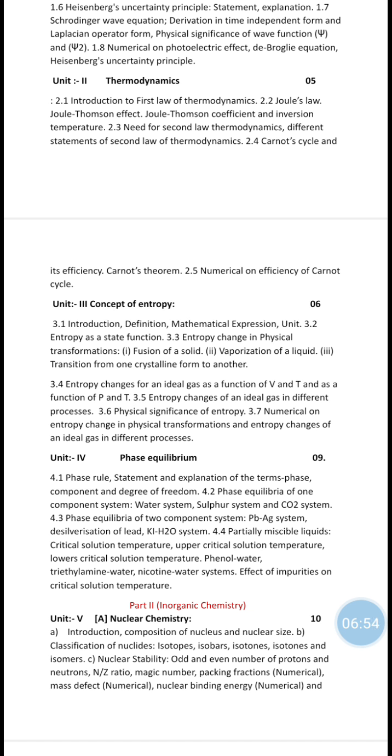In the concept of entropy, we will see the definition, mathematical expression, and some entropy changes that occur during physical transformations. It means how entropy varies with change in physical state of a substance.